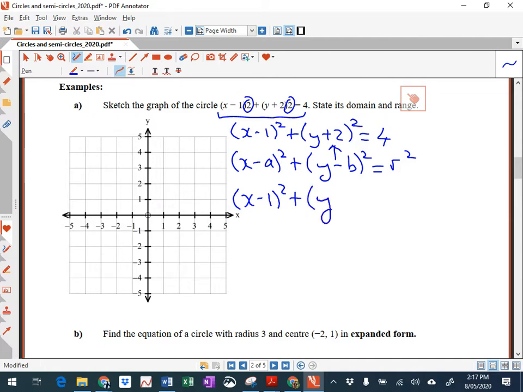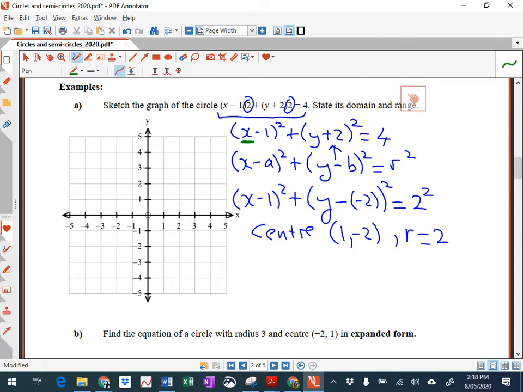So I'm going to write the plus 2 as minus negative 2, equals, and the r squared, I'm just going to write that as 2 squared because 2 squared is 4. So you can see that the centre of the circle is (1, minus 2), and the radius is equal to 2.